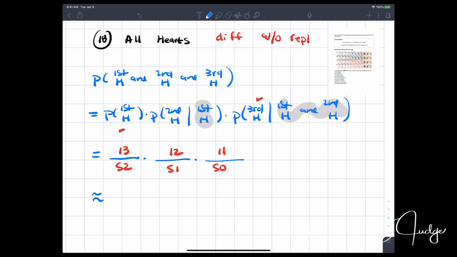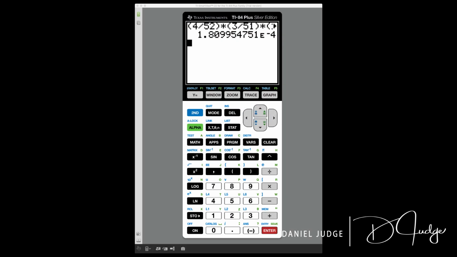Let's go to the TI now. 13 divided by 52 is that first probability, times 12 divided by 51, times 11 divided by what? 50. Close that. See what we get.